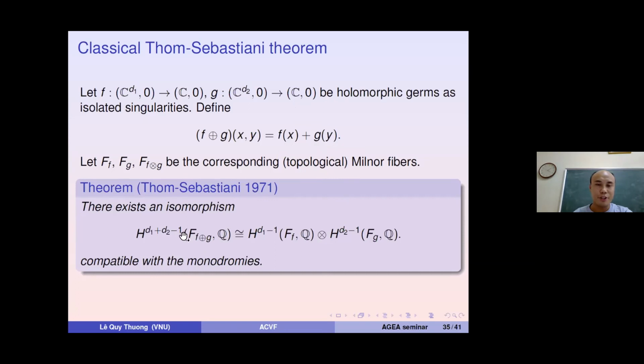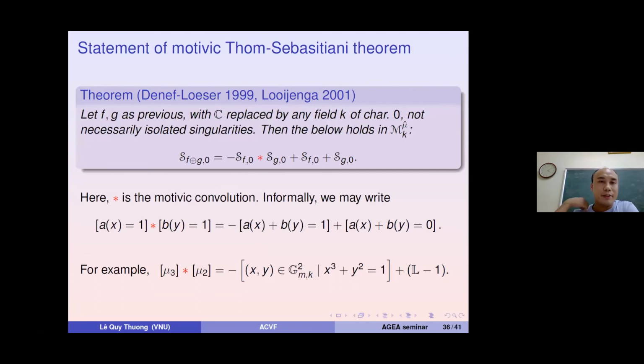We have a relation between the homology of the Milnor fibers of the Thom-Sebastiani type function and the homology of the Milnor fibers of f and g, and this isomorphism is compatible with the monodromies of this one, this one, and this one. And this is the statement of the motivic Thom-Sebastiani theorem.